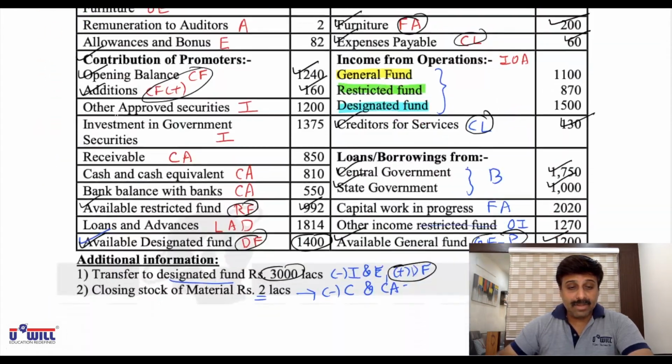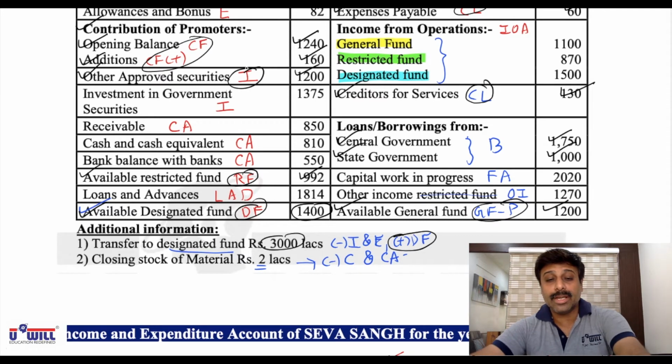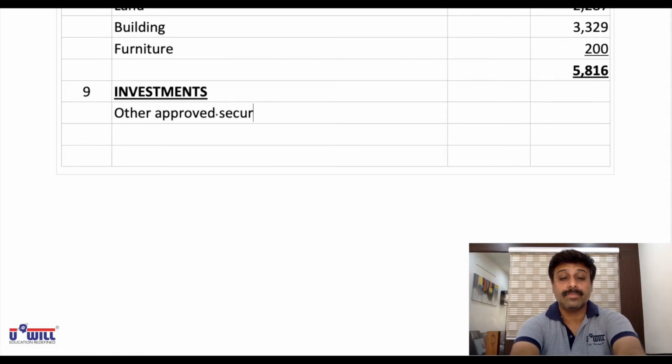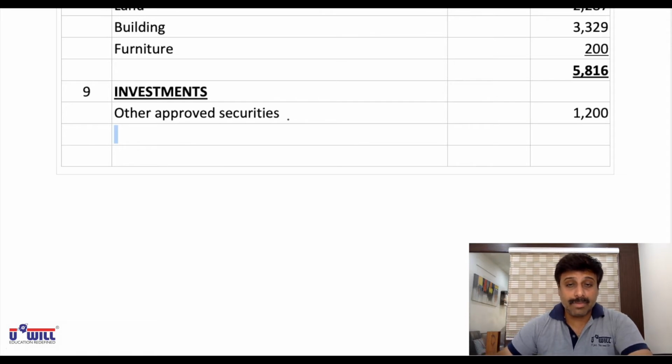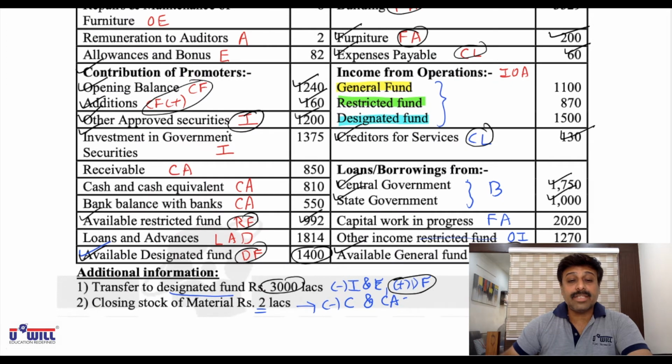In that we have other approved securities of 1200. Okay, other approved securities of 1200. Then other than approved securities, what else is marked as I? Investment in government securities of 1375.